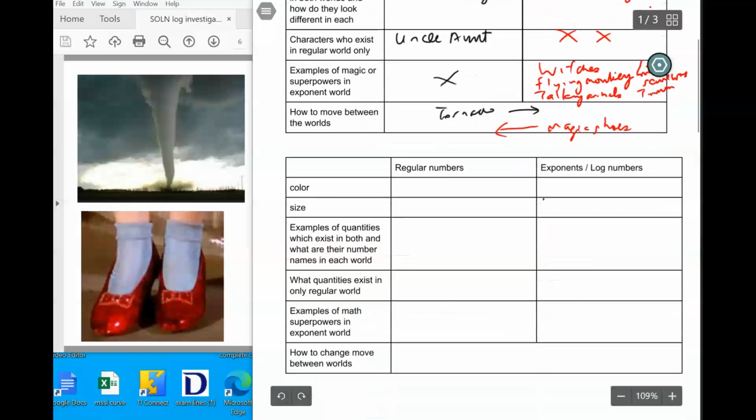So let's see about how numerically things work in the regular world and the land of log. So we'll look at the regular numbers and we'll look at the exponent or the log numbers. So examples of regular numbers, like we saw, are like 10, 1, 100, 0.01, right?